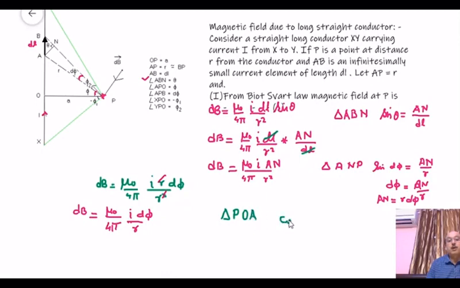Here you will get cos phi is equal to base, that is A, upon hypotenuse, that is r, or we may say r is equal to A by cos phi. Now we will plug this value of r into this equation.